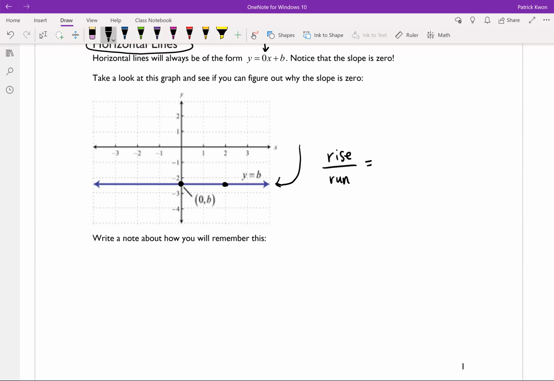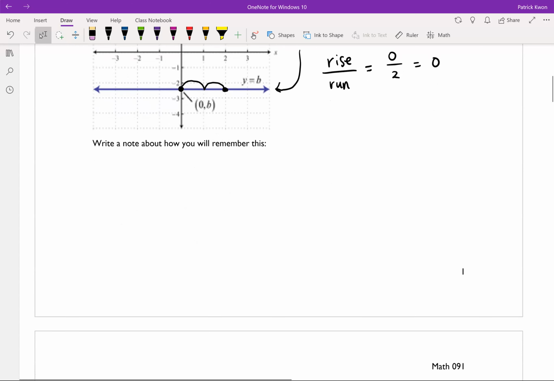And so the rise is going to be 0. And then if I'm counting how many I'm going over, that's 1, 2 units. So 0 over 2. And whenever we have a fraction where the numerator is 0, that just ends up being 0. And so that's how we can see the slope in this horizontal line example.